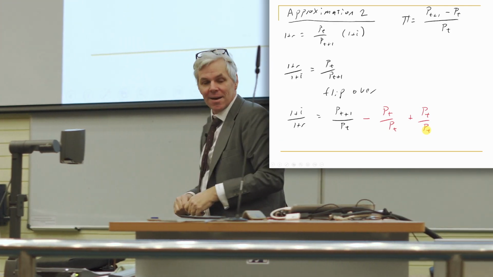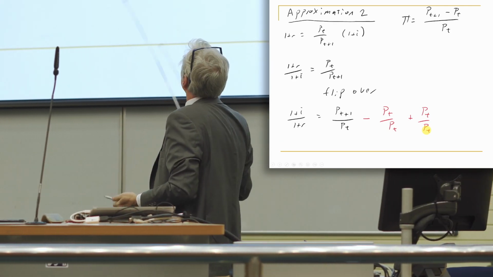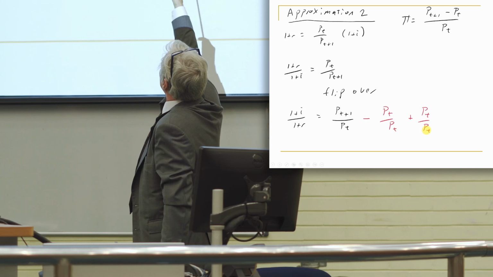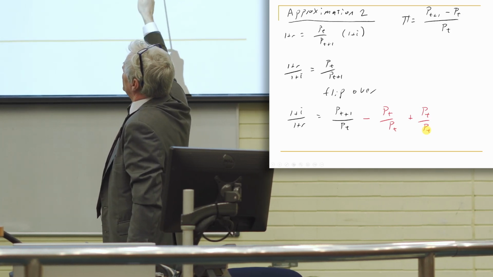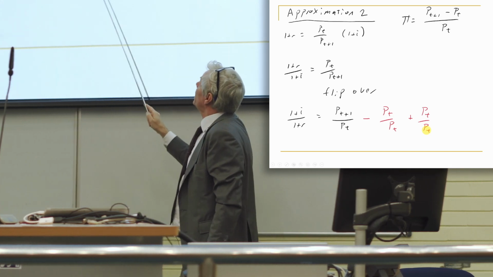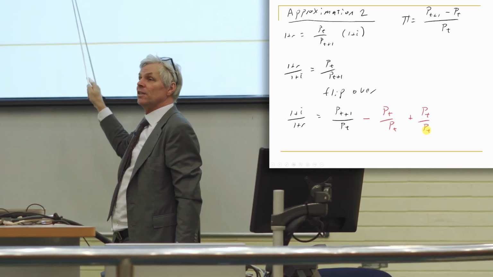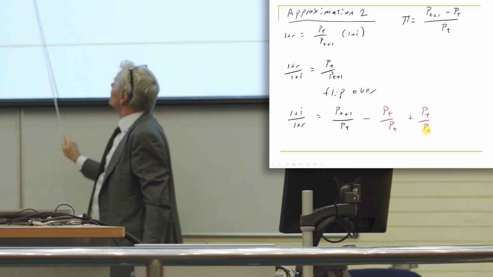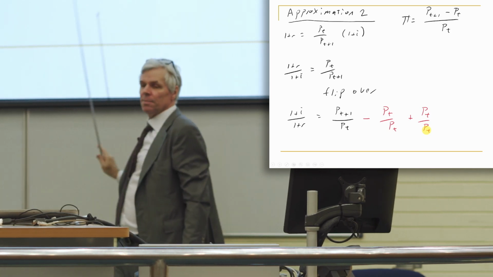And why did I do that? Well, I'm trying to get it to look like inflation. On inflation, I have (P_(t+1) minus P_t) all over P_t. Here, I just had the P_(t+1) bit. So I wanted to get the minus P_t bit as well, because then this thing here is just going to be inflation.